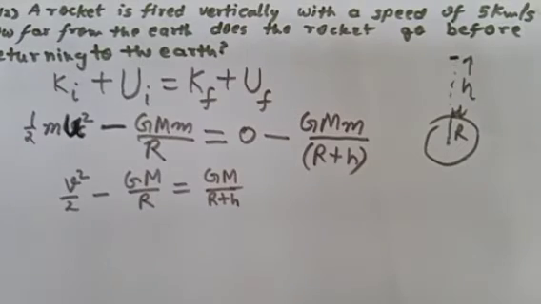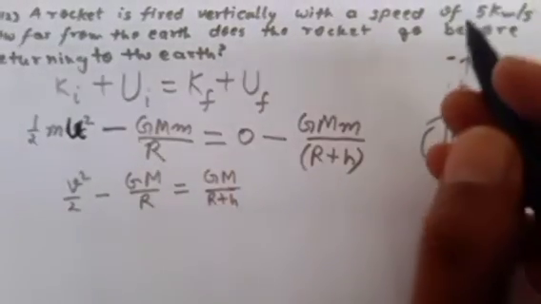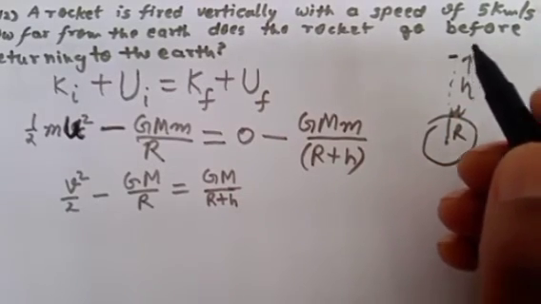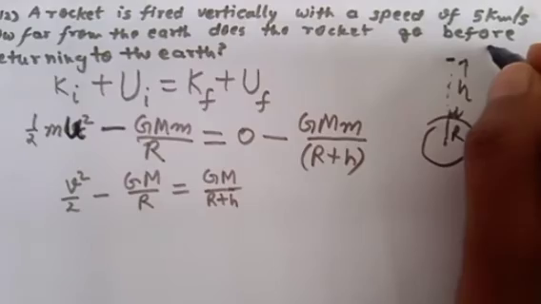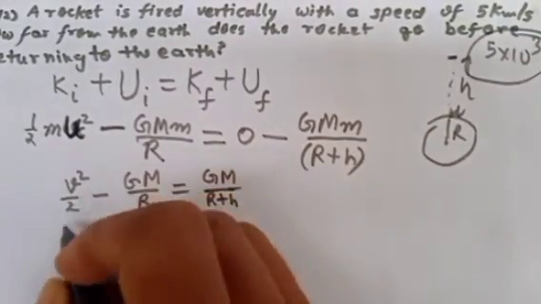Anything else we can do? Yes, we can, but that will make the calculation a bit problematic. So directly I'm putting the value 5 kilometer per second, that is 5000 meter. Instead I will write it as 5 into 10 to the power 3, which is much easier.